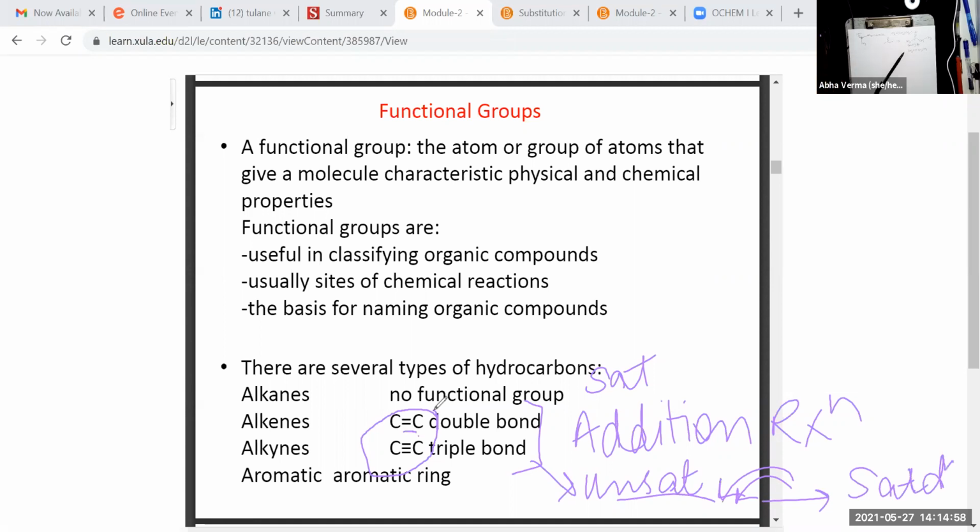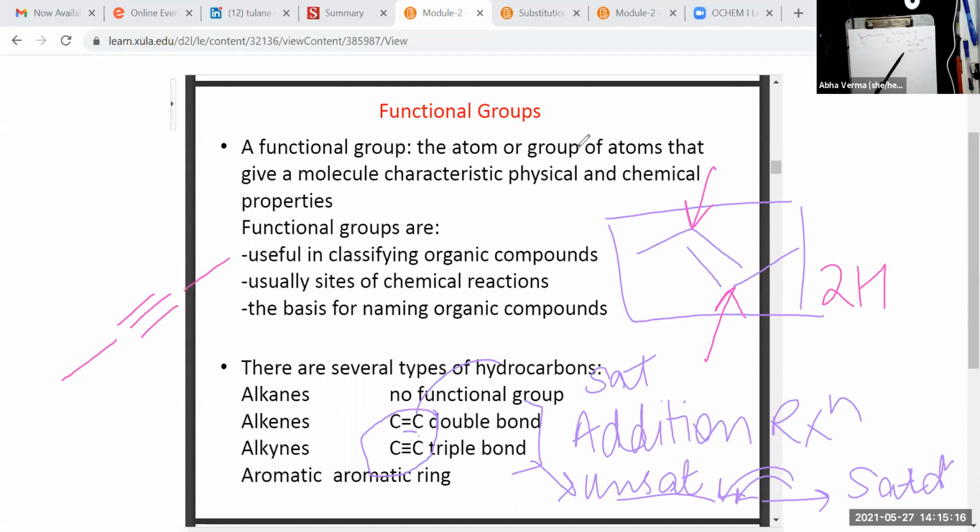So on this double bond, how many hydrogens can you add? If you look at this structure, which I'm pointing out, you can add a hydrogen here, you can add a hydrogen here. So you can add 2 hydrogens on this double bond. On a triple bond, how many hydrogens can you add?